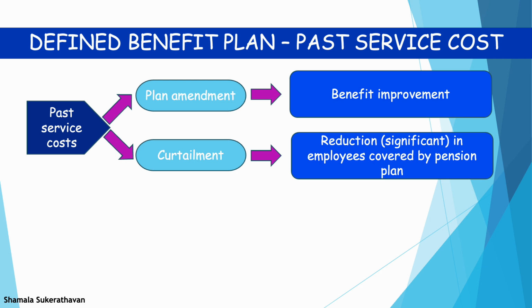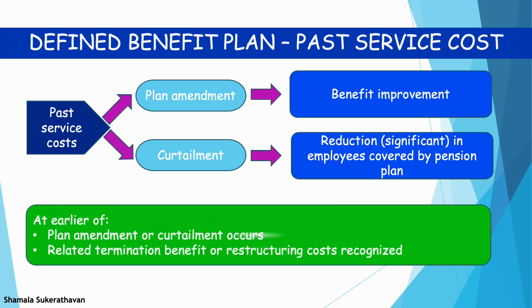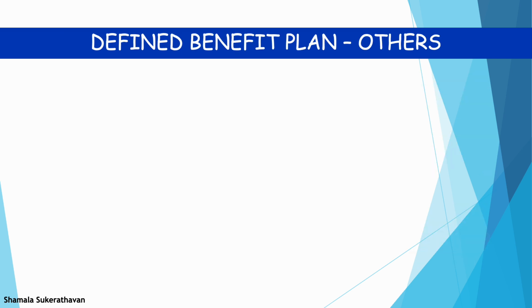According to IAS 19, past service costs shall be recognized at the earlier of when the plan amendment or curtailment occurs and when the entity recognizes the related termination benefit or restructuring cost.